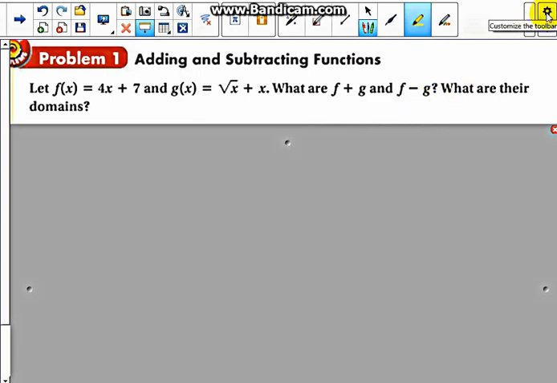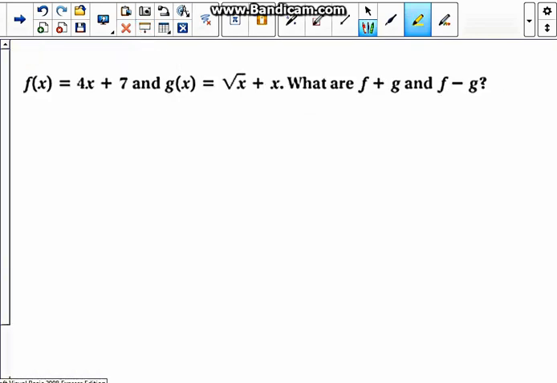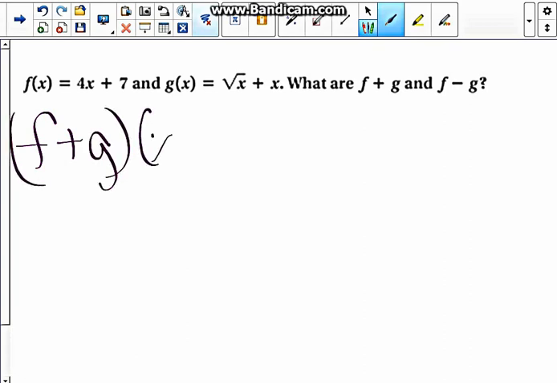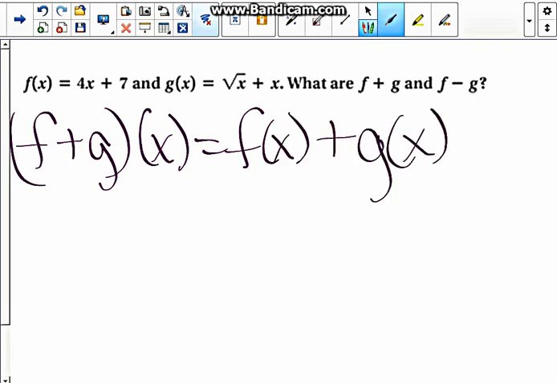So when we look at this, we're going to start with our notation, and that is f plus g of x, and that's equal to f of x plus g of x.